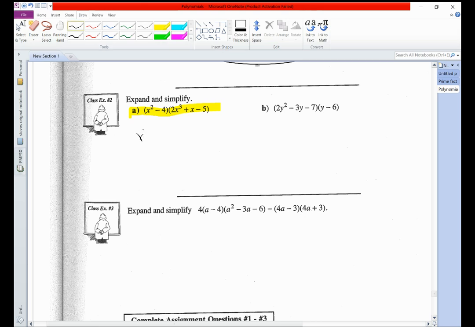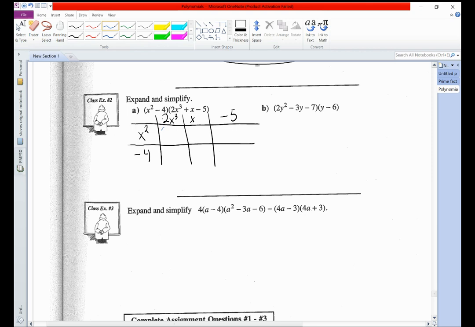So I'm going to write my x squared minus 4, and then above it, I didn't leave myself a ton of room, but above it, I'm going to write the second polynomial, 2x cubed plus x minus 5.